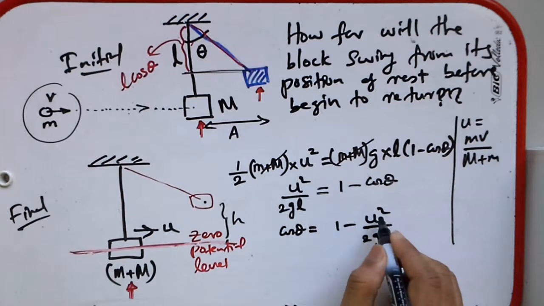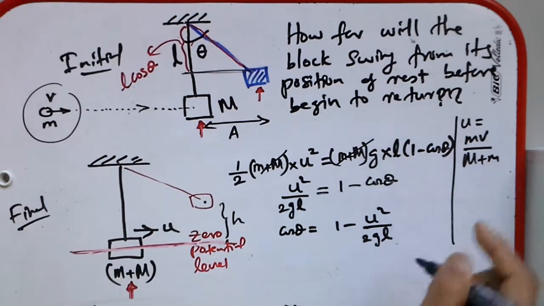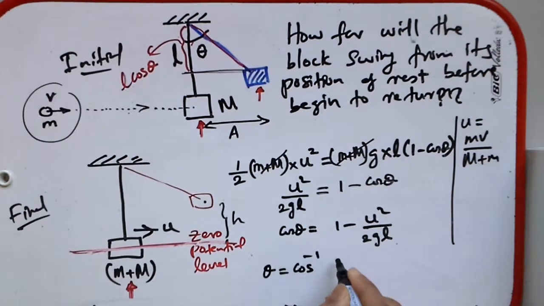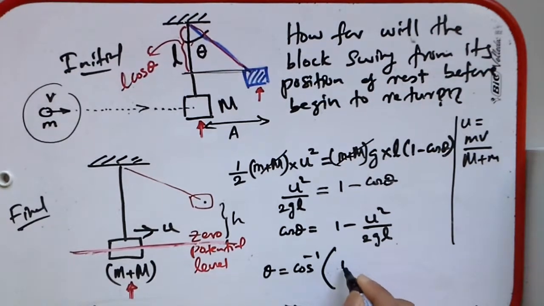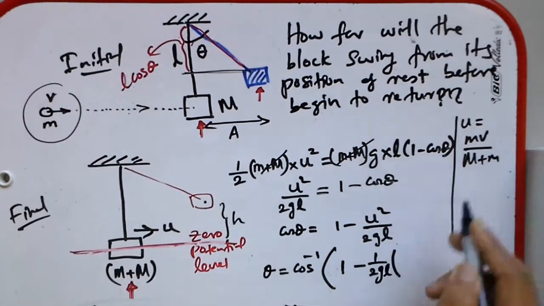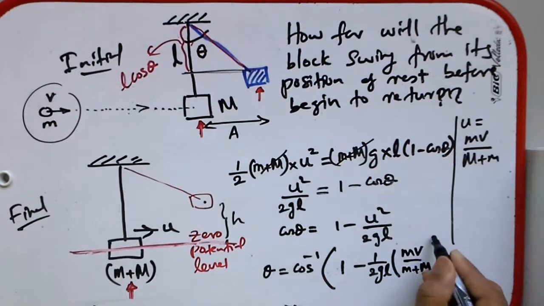Therefore, actually what is our u squared? U is, we know, mv by m plus big M. So I can write down theta is actually cos inverse of 1 minus 1 over 2gl times u squared, which is mv by small m plus big M, squared.